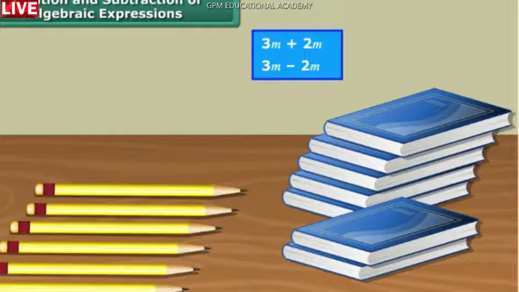Now again, we can't combine these objects since they are different. However, if we remove 1 pencil from 6 pencils, then we are left with 5 pencils, but still we have the 7 books. So you can see it's quite similar with algebra. We can only add or subtract similar objects.